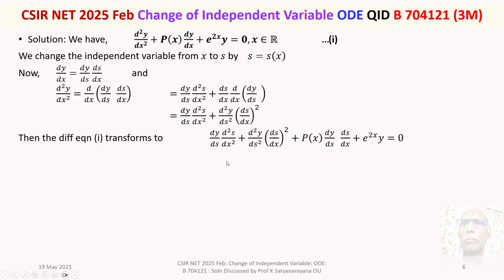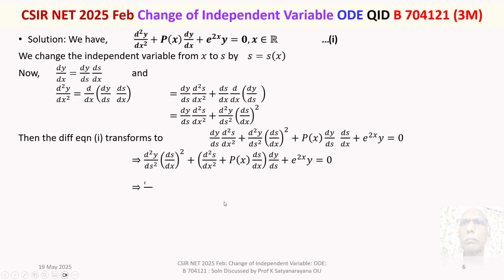Now write this as d square y by ds square, this one, into ds by dx whole square, plus collect the terms containing dy by ds, that will be from the first one d square s by dx square plus p of x into ds by dx whole into dy by ds plus e to the power of 2x into y.